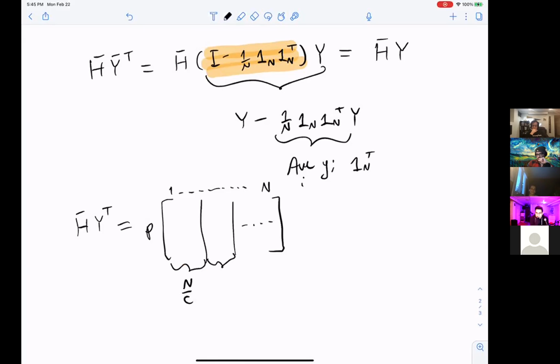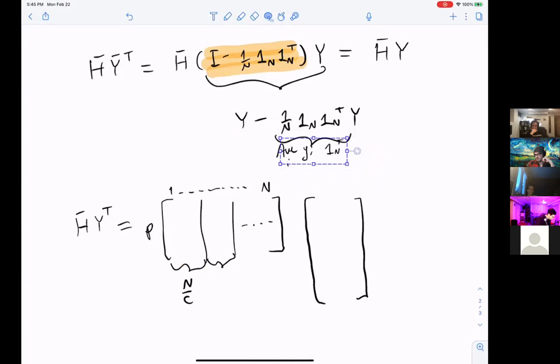Now, imagine if we now look at Y transpose. How does Y transpose look? Y transpose has capital C columns from 1 to capital C, and the rows are from 1 to n.